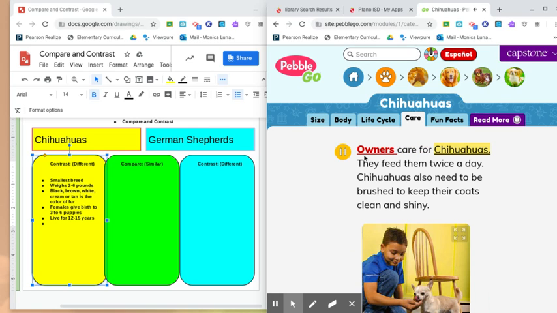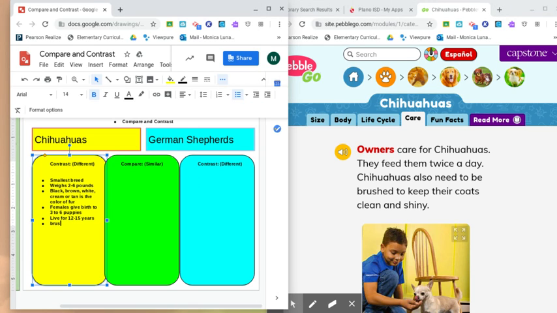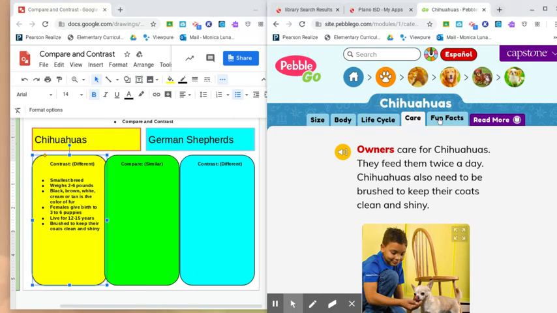Owners care for Chihuahuas. They feed them twice a day. Chihuahuas also need to be brushed to keep their coats clean and shiny. Okay, so they need to be brushed to keep their coats clean and shiny. Right? Okay, let's see fun facts.